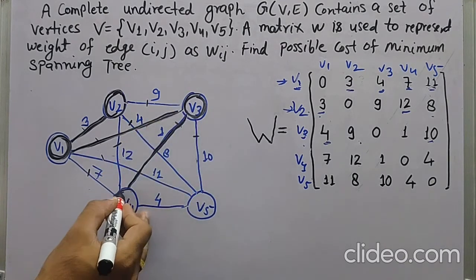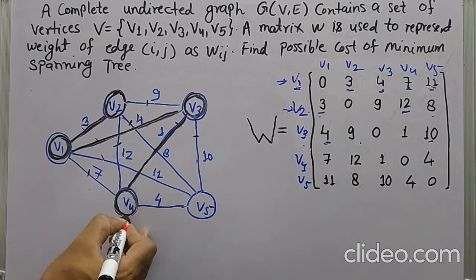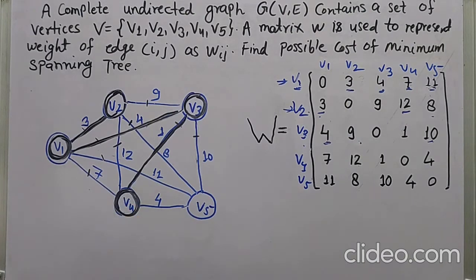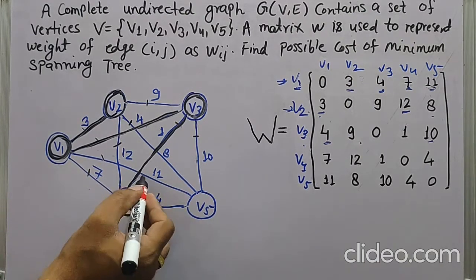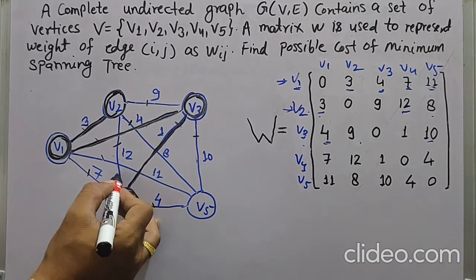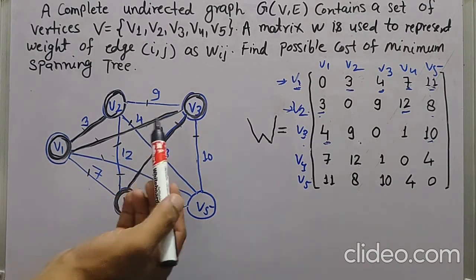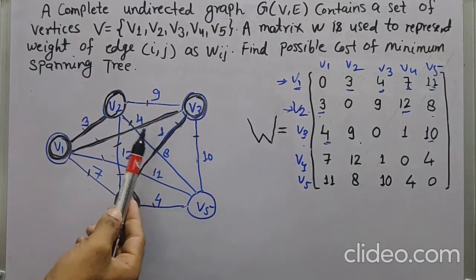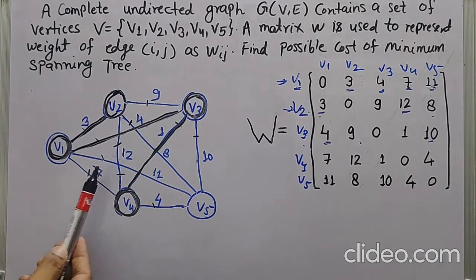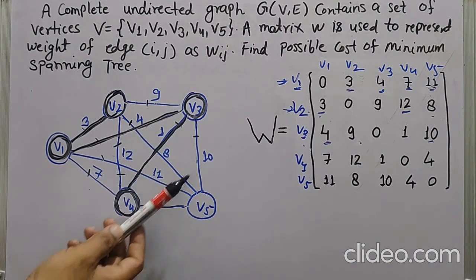Now you are going to process this node. Consider its adjacent edges too. Select the minimum value from 9, 4, 12, 11, 7, 4 and 10.